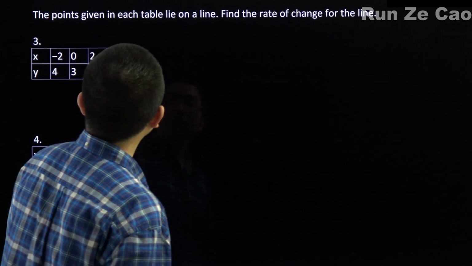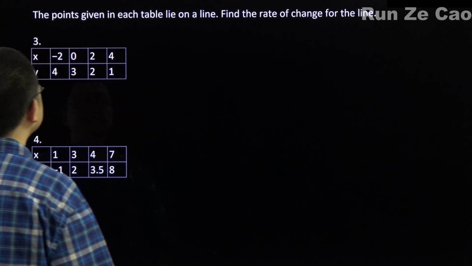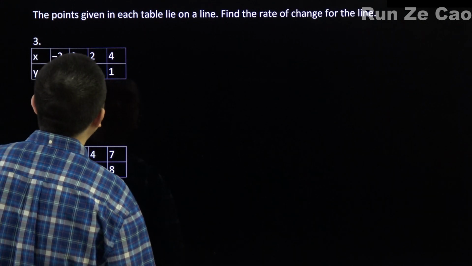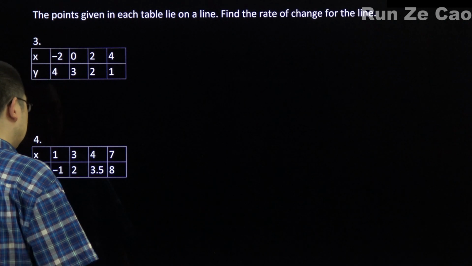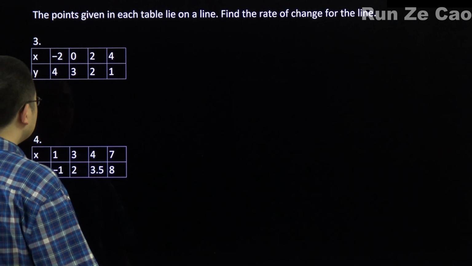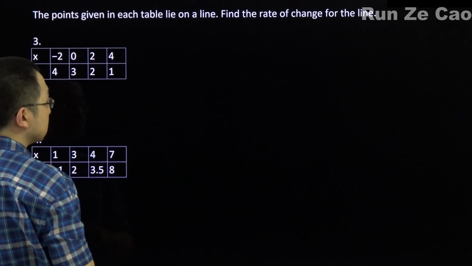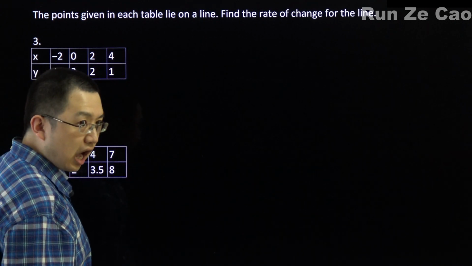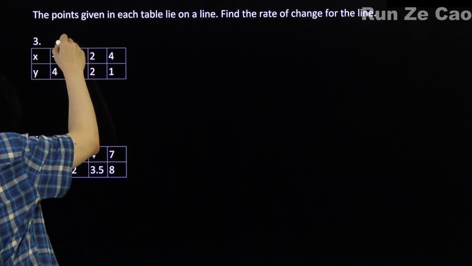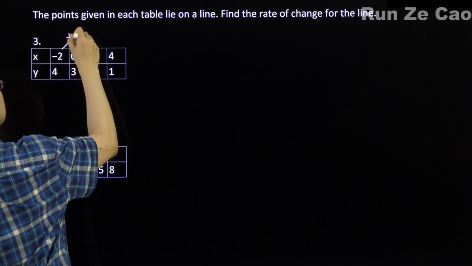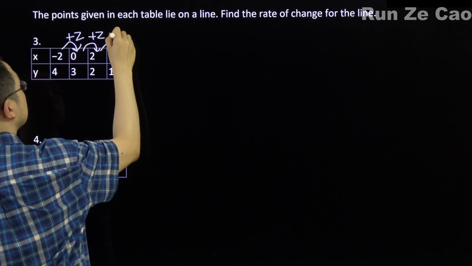The points given in each table lie on a line. Find the rate of change for the line. Look, if you know that they lie on a line, then you can really just start with the first and last points and go with that. But we want to make sure. So if we want to make sure, we got to take a look. +2, okay, +2, +2.